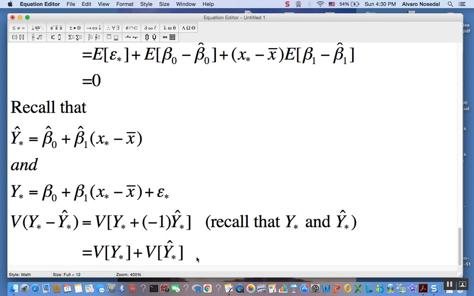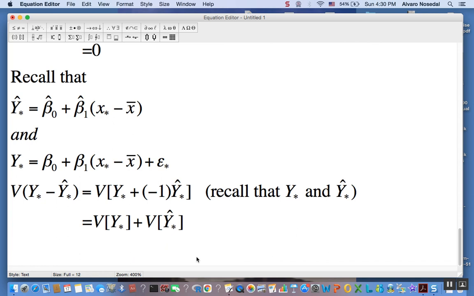So now what we have been doing will be useful. Those useful results that we mentioned. Okay, so variance of y star. It's just the variance of that expression here, but we know that these are constants, right? So the only term that has an actual variance is epsilon star, and the variance of epsilon star is sigma square by assumption.